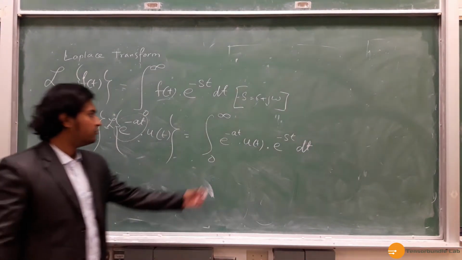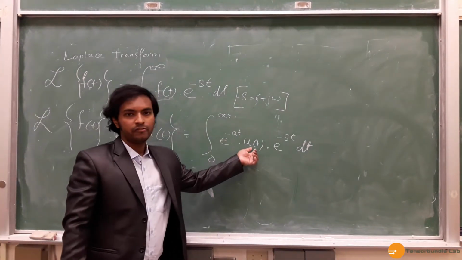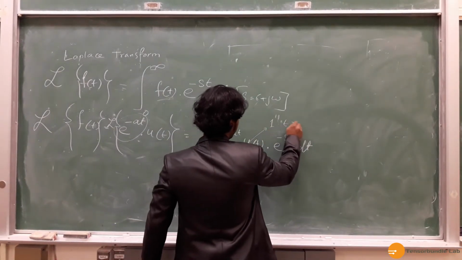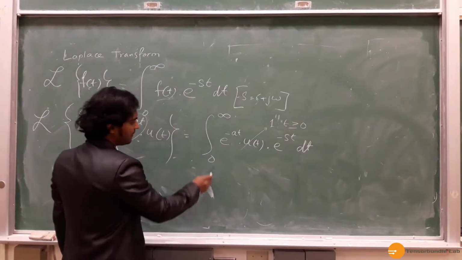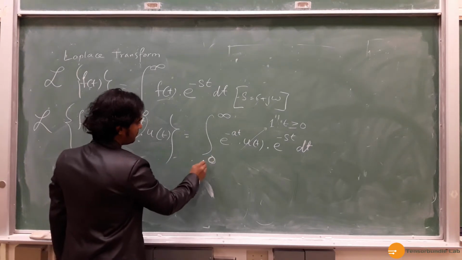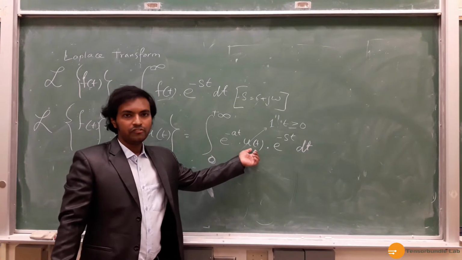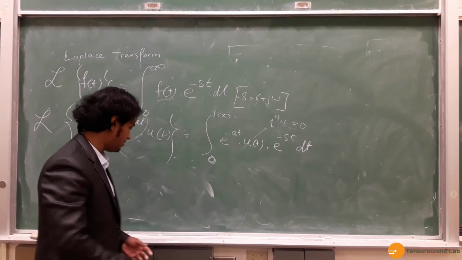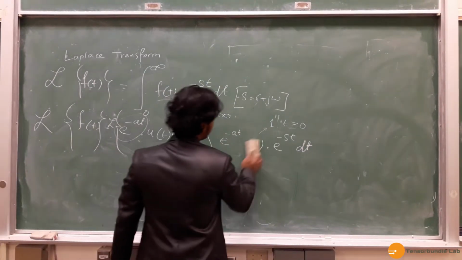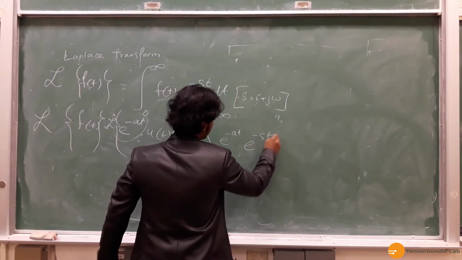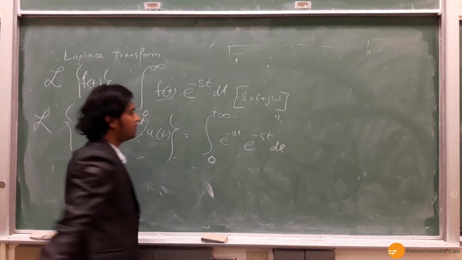A moment ago we just saw the value of the unit step is 1 for any value t greater than 0. Since the limit starts from 0 to positive infinity, the value of u of t should be 1. That means we just delete it, right? Just delete it. So we have just e to the power minus (s plus a) t and dt.